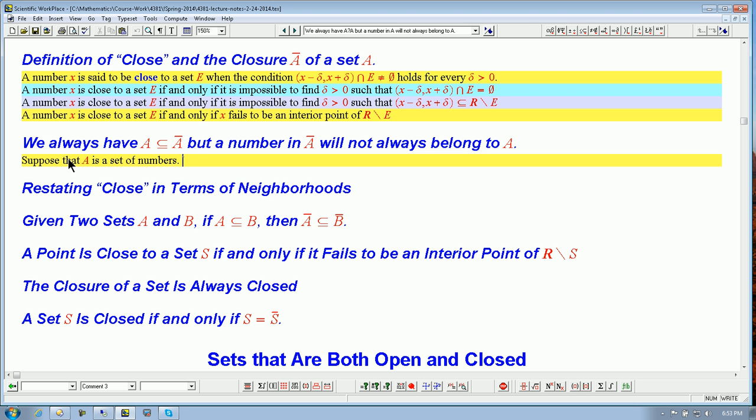I want to tell you why every member of A must be close to A. Isn't that the statement? And I'm going to ask you a question. How do you prove a statement that says every member of A eats chocolate?